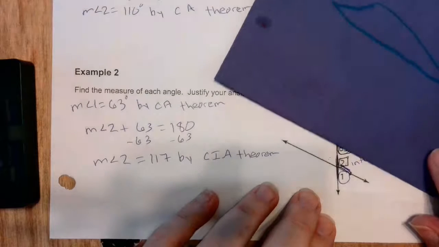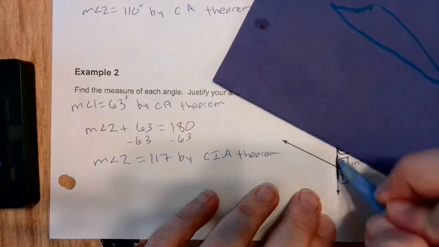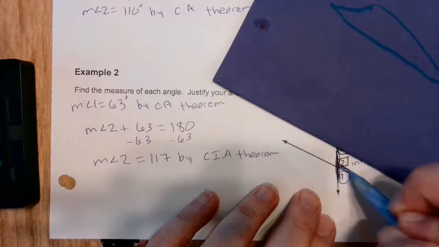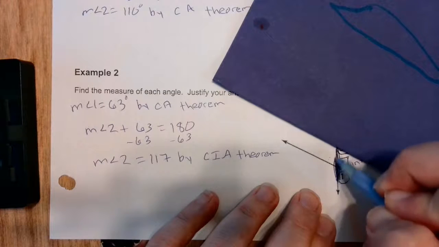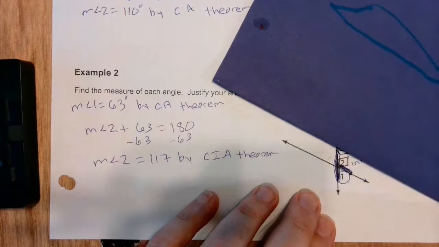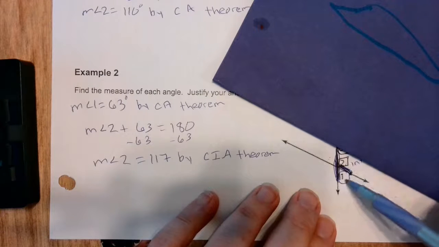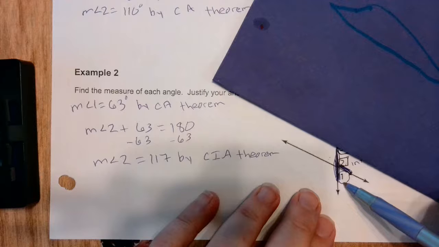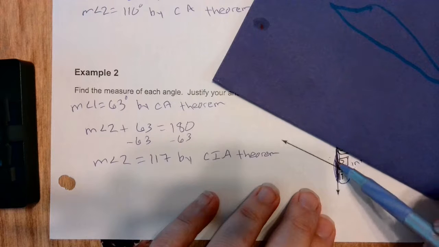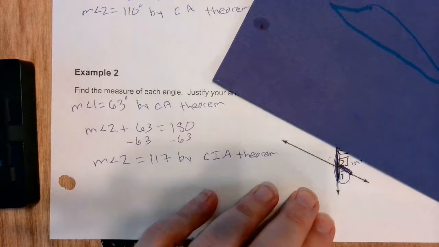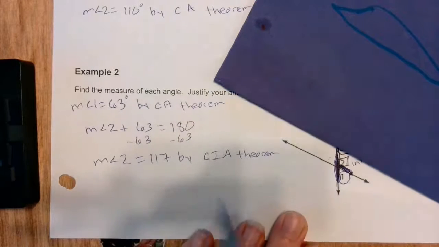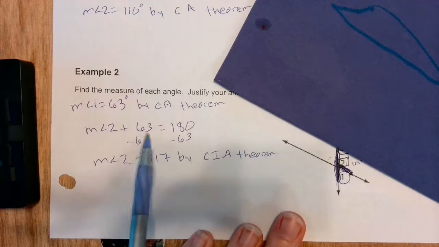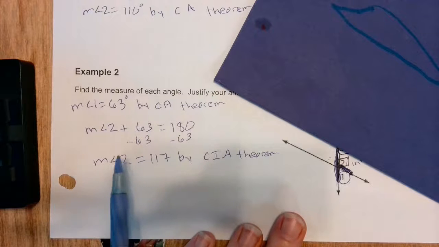I would have completely ignored that half, and I would have looked at this. Do you see that Y? 1 and 2 are a linear pair. They make a line. There's the Y. And because they make a line, they would add up to 180.